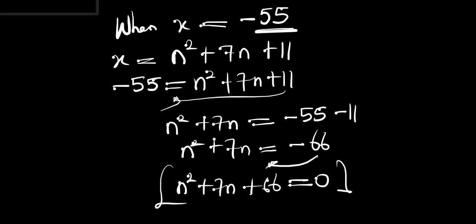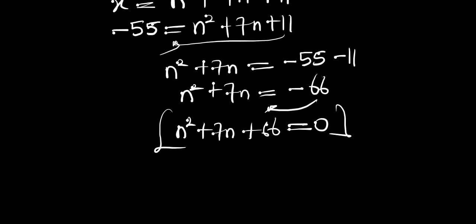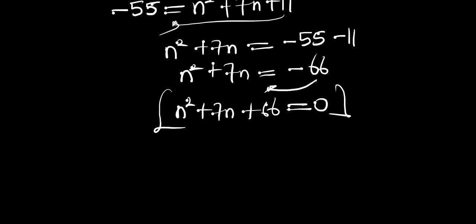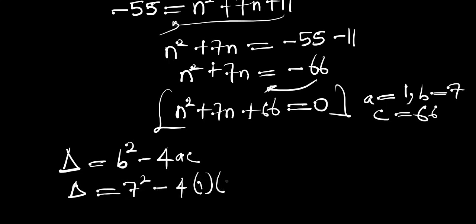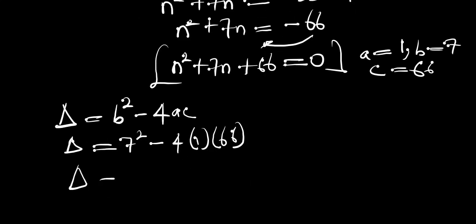Now let's check if this will give us any real solution, or we are going to have a complex solution. So we make use of the discriminant, which equals b squared minus 4ac. And from here we have a equals 1, b equals 7, and c equals the constant, which is 66. So we have discriminant equals 7 squared minus 4 times 1 times 66. And this will give you discriminant equals 49 minus 264.